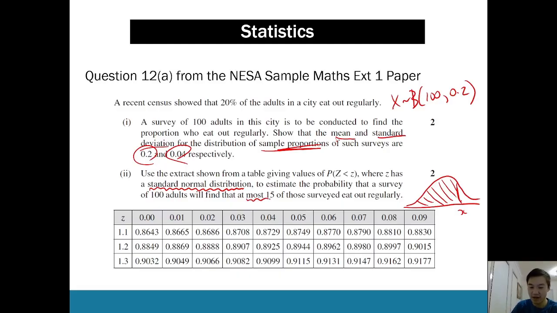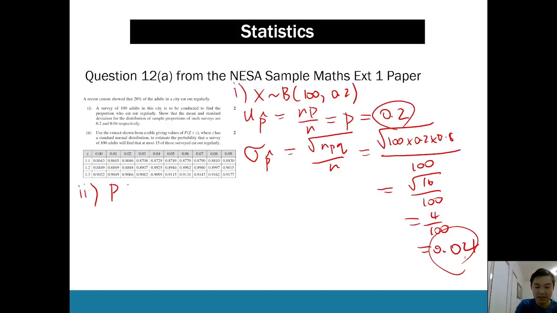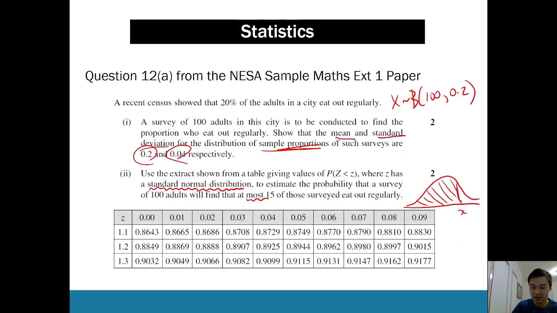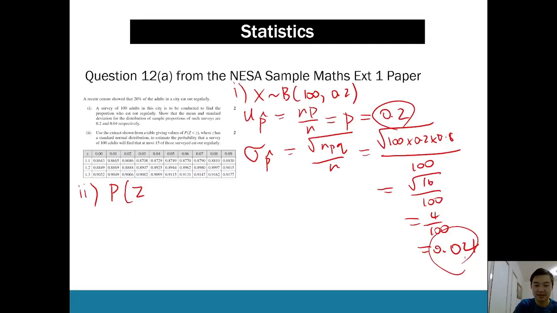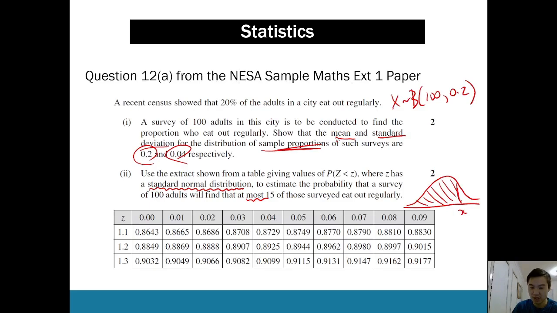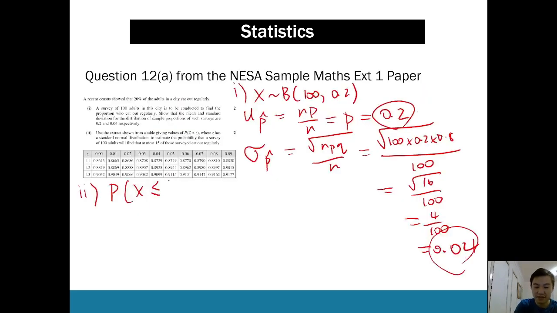So we're trying to find the probability that x is less than or equal to 15, which is equal to the probability that the sample proportion is less than or equal to 15 over 100. Because we surveyed 100 people, we want the sample proportion to be less than 15 over 100.